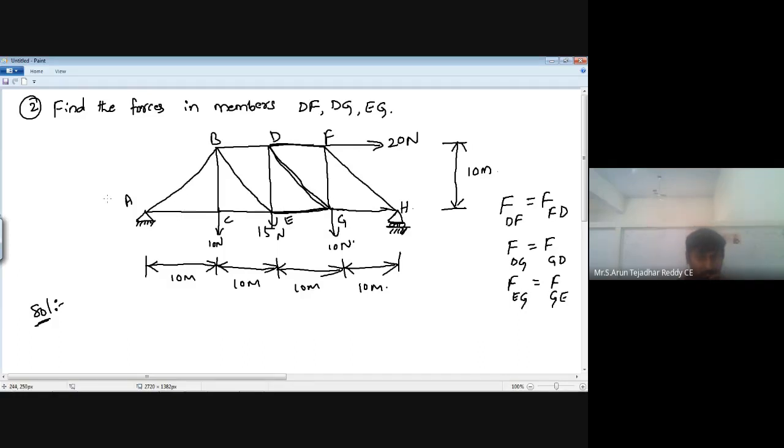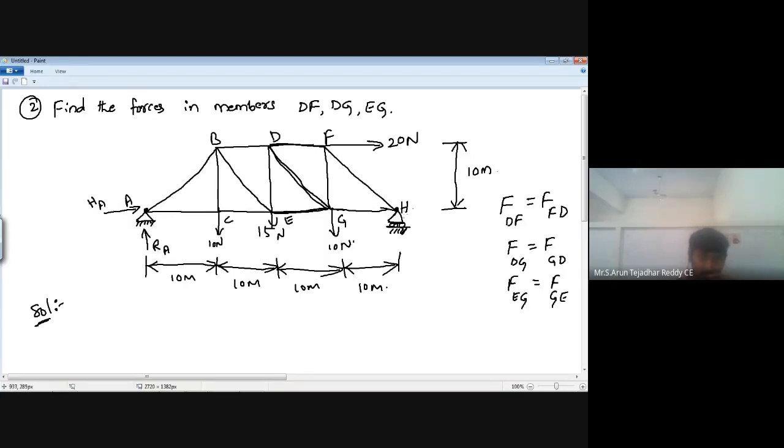Totally 2 supports are acting: the first at point A and the second at point H. Point A is a hinge support. In a hinge support, 2 reactions are available: vertical reaction and horizontal reaction. The vertical reaction we write as RA, and the horizontal reaction as HA.